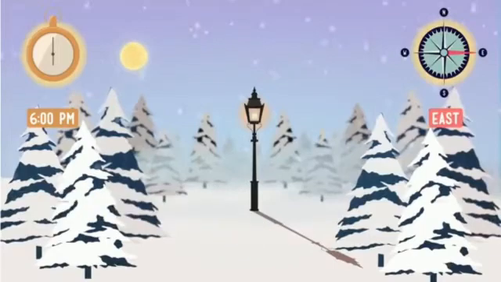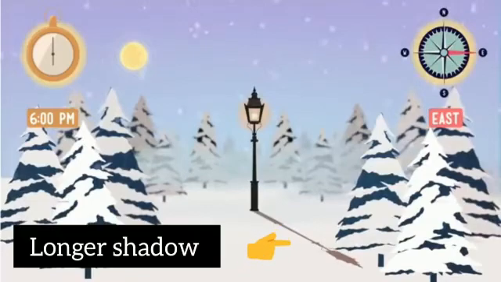At 6 p.m., that is evening, the sun is lower in the sky again and the shadow is becoming longer, as you all can see in the picture. Observe the picture properly, then you will understand the shadow changes.